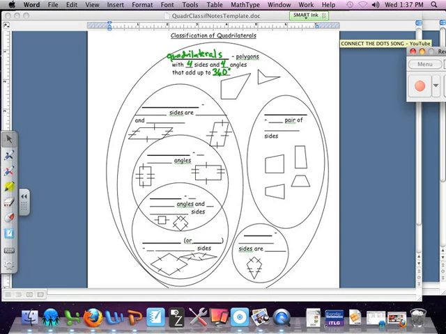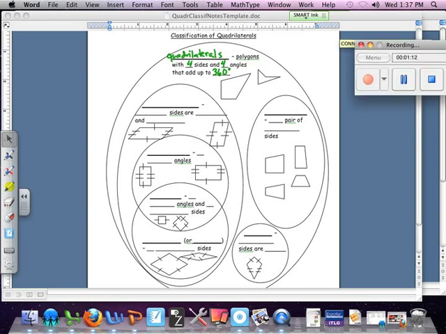Every single quadrilateral has this quality. It includes irregular quadrilaterals, it includes concave quadrilaterals as well as convex, and then it includes quadrilaterals that can be classified more specifically, and that's why they're in those other ovals and circles.